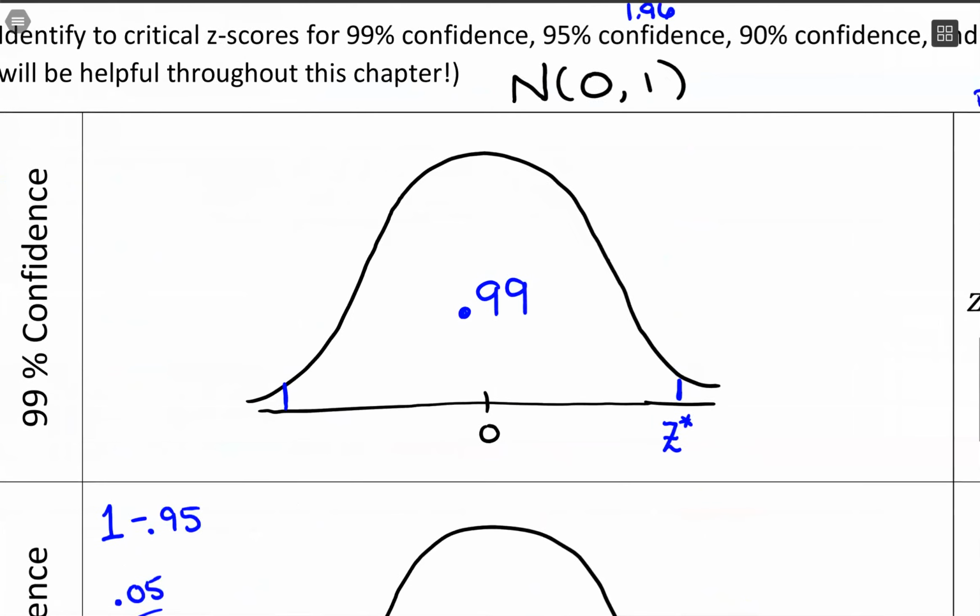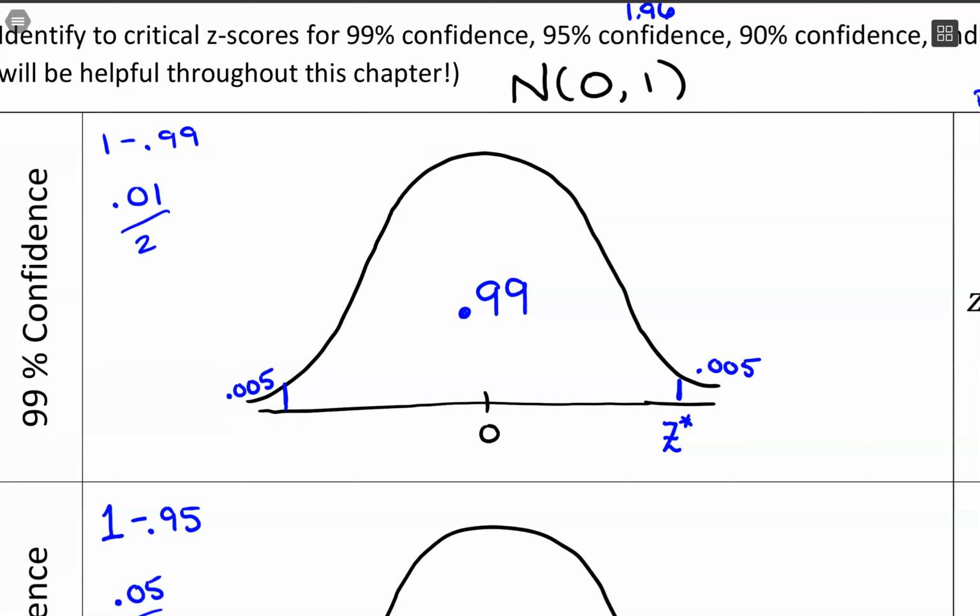So what if we had 99% confidence? Again, similar idea of take 99% out of that 100%. So we're left over with this 1% in the 2 tails. Cut that in half. So we're going to have 0.5% in each tail.